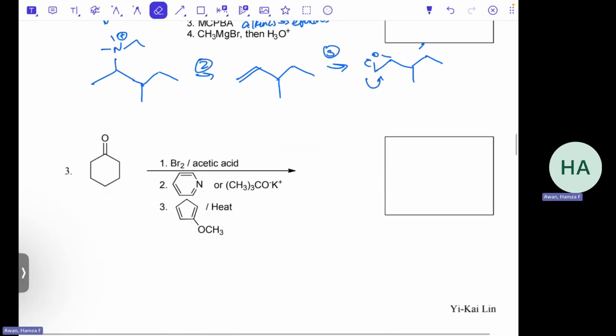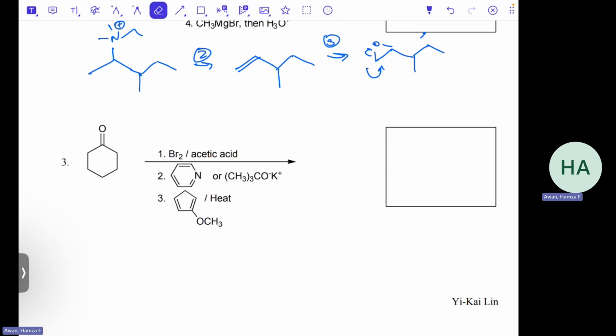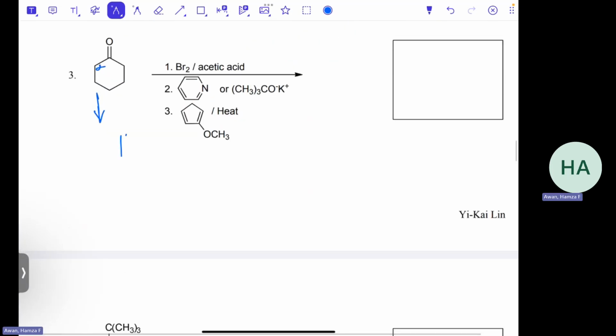Okay. Going on. So for our third product, for our first step, we have a ketone, and this one adds Br to an alpha position in relation to the carbonyl. So this is going to be like the base position, and this is the alpha on either side. We're just going to add it onto one. I guess we'll just add it onto the left side, whatever, since both of the sides are the same.